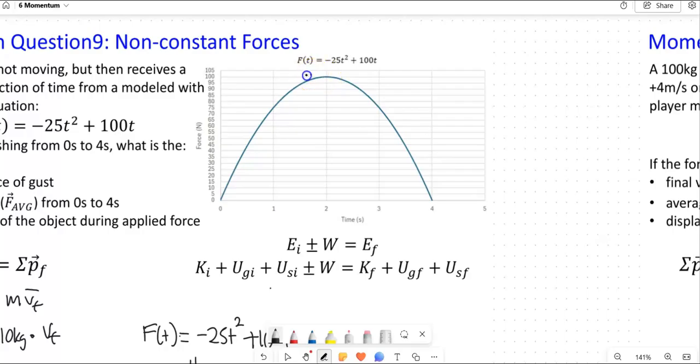So right here, you could see if we draw a tangent to the line at 2 seconds, it's reached its maximum height right there.